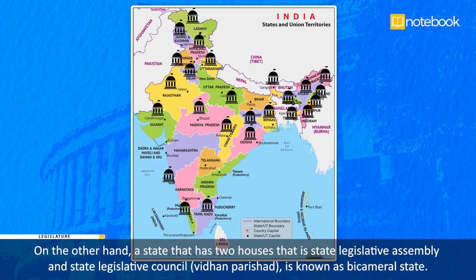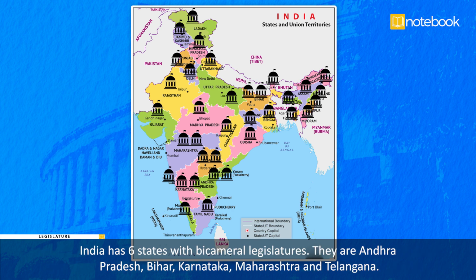On the other hand, a state that has two houses, that is, State Legislative Assembly and the State Legislative Council or Vidhan Parishad, is known as a bicameral state. India has 6 states with bicameral legislatures. They are Andhra Pradesh, Bihar, Karnataka, Maharashtra, and Telangana.